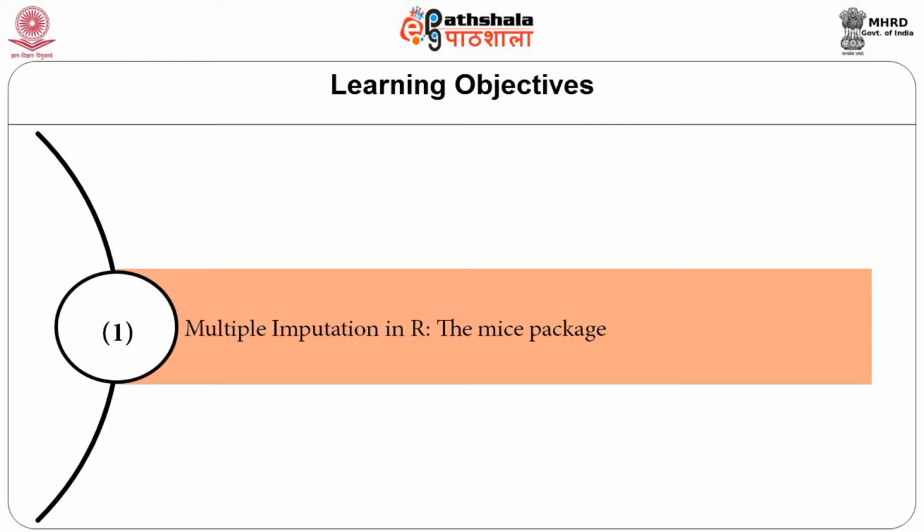But the problem is that we have missing data. So, we would use MICE and see how we can use the functions in the package mice to analyze the data. The objective here is to see how we can implement multiple imputation in R.